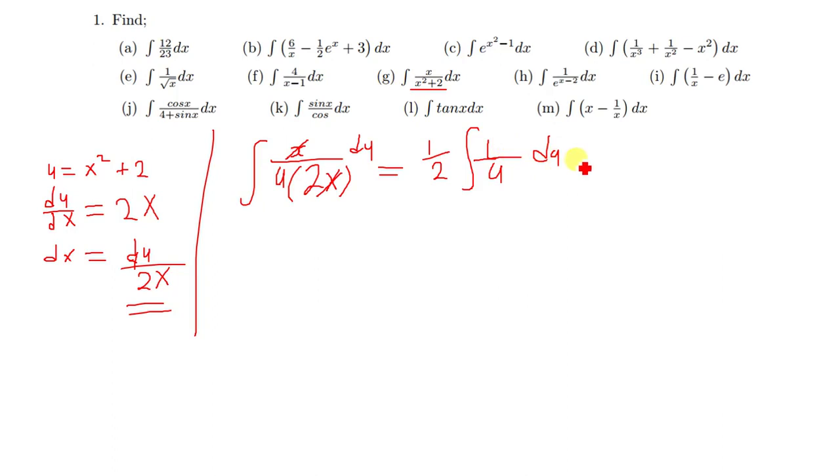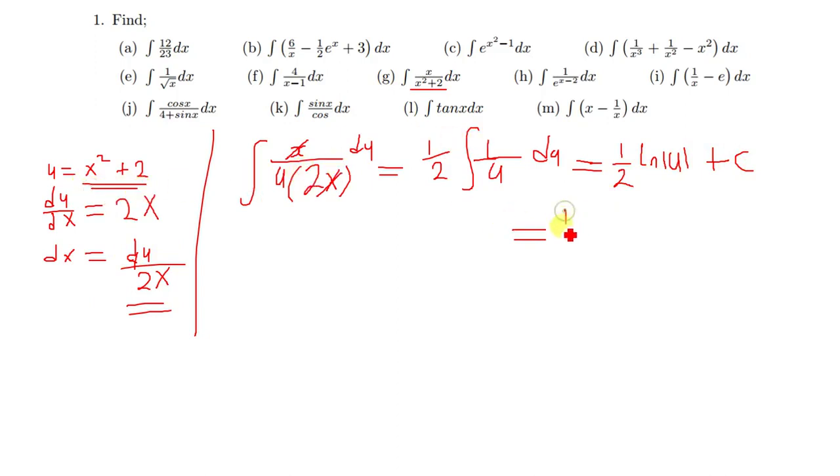Which implies that the final solution will be equal to 1 over 2 ln u, and don't forget to put your constant. Remember that your u is just x squared plus 2, so where there's u, you replace it with that.